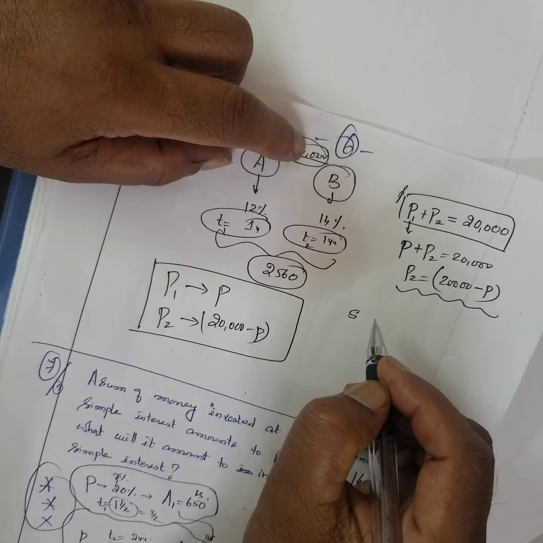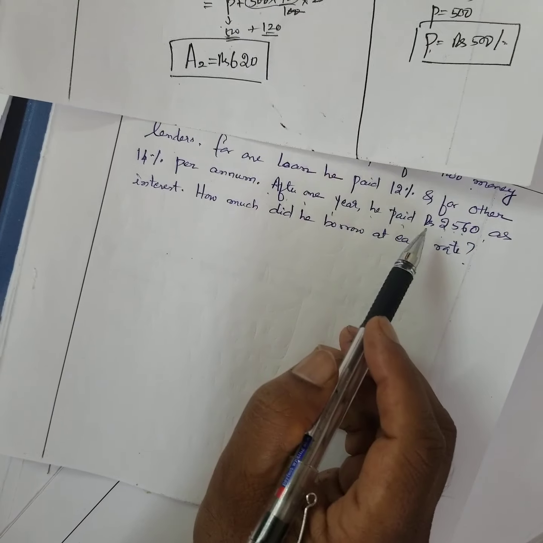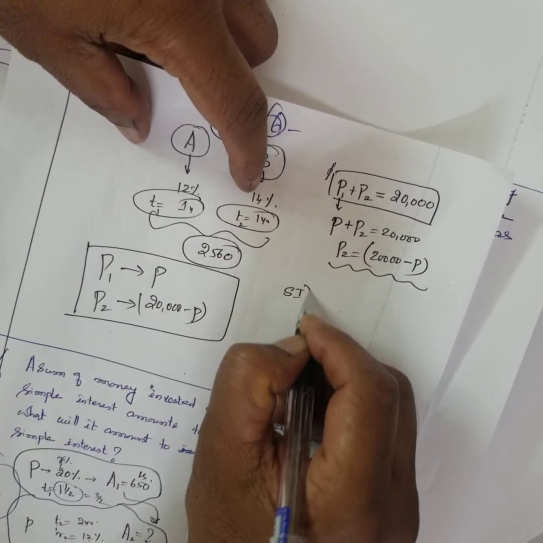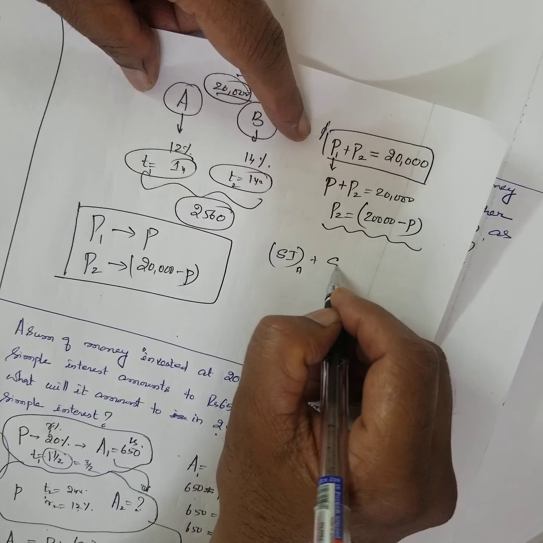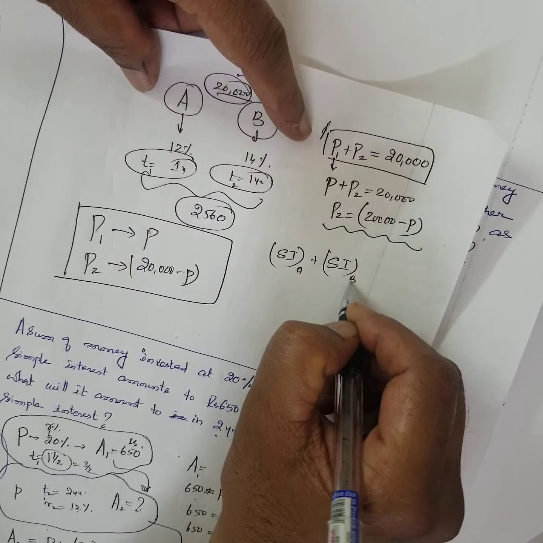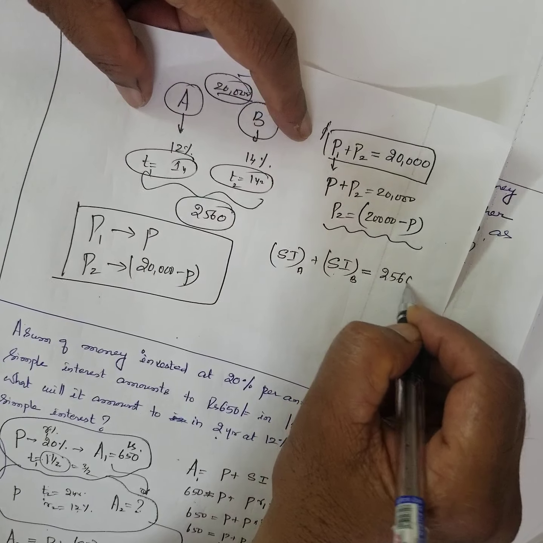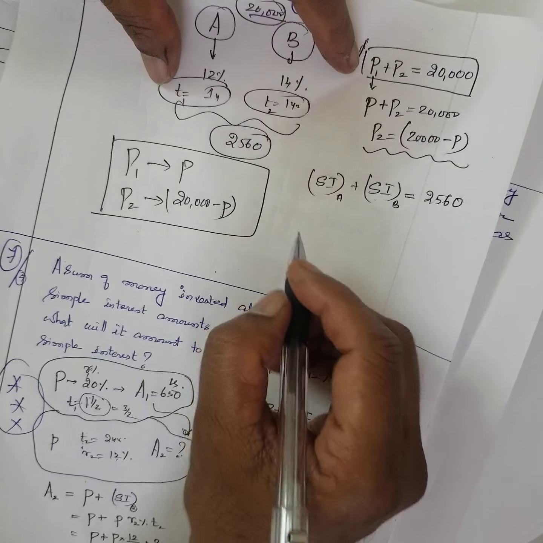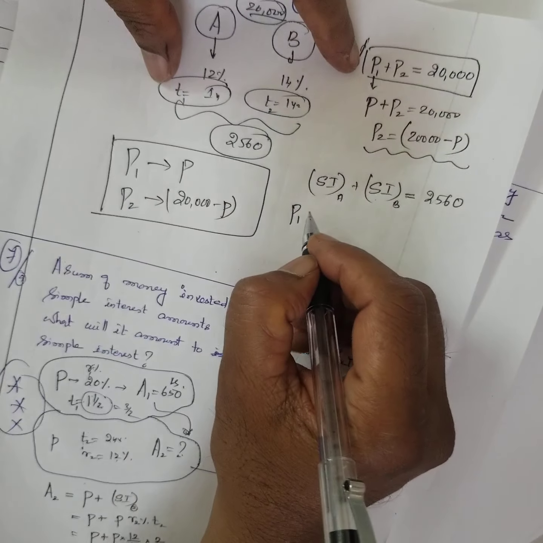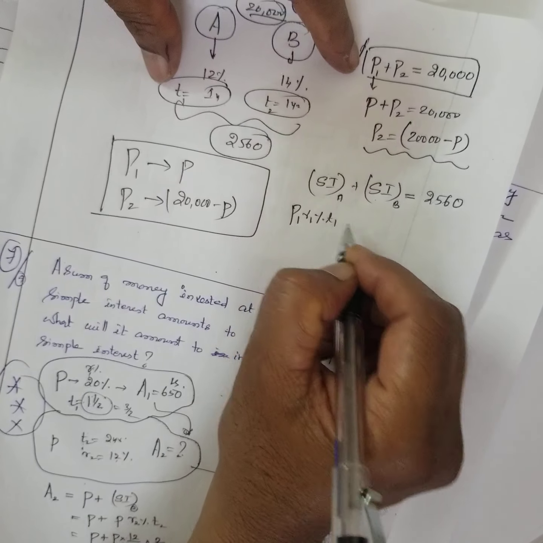Simple interest. He has paid how much? After 1 year, he paid as interest. That means simple interest from A plus simple interest from B is equal to how much money? 2560. Right? That means simple interest is P1 R1 percent T1.